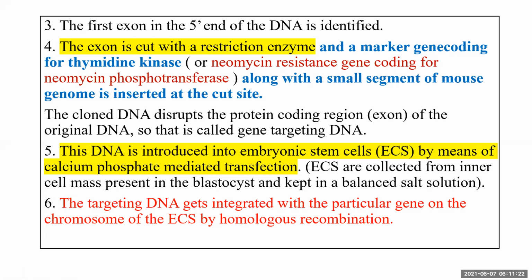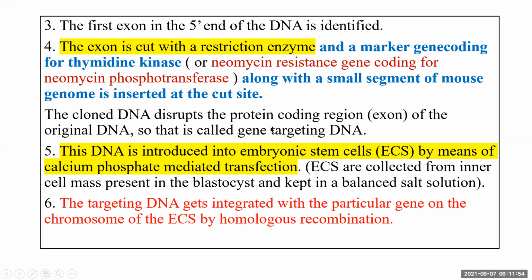So from the blastocyst, or you can say blastula stage, you collect the embryo, and from inside the inner cell mass, you collect the embryonic stem cells. Now the embryonic stem cells are kept in a solution containing calcium phosphate, and in that solution you add the cloned DNA.